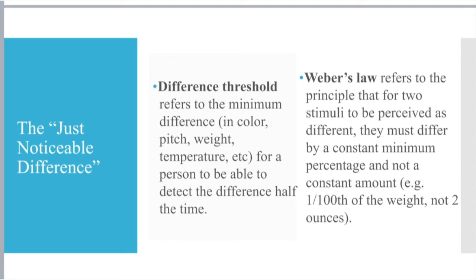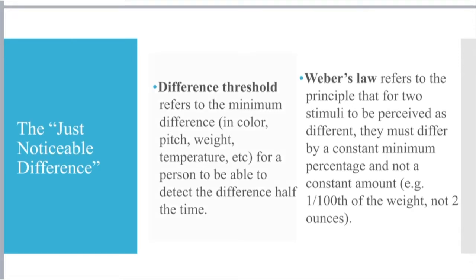Can you notice on the screen here that around difference threshold, the white is just 1% darker? Can you notice that? I'll show you again. There's the original. Look around difference threshold. There's the darker square. Now, some of you might not be able to perceive that. That's okay.